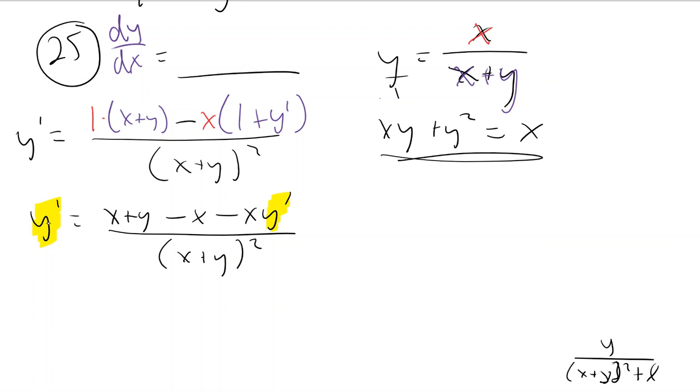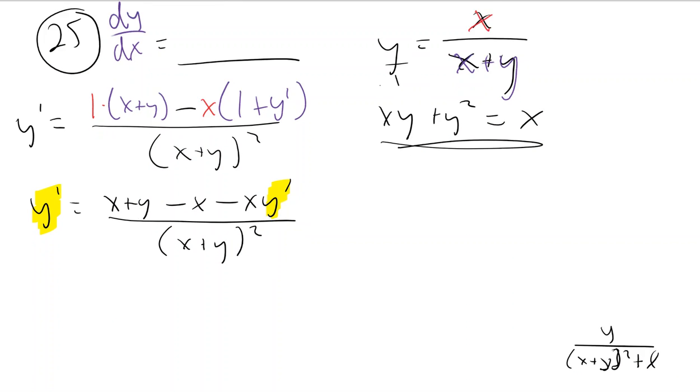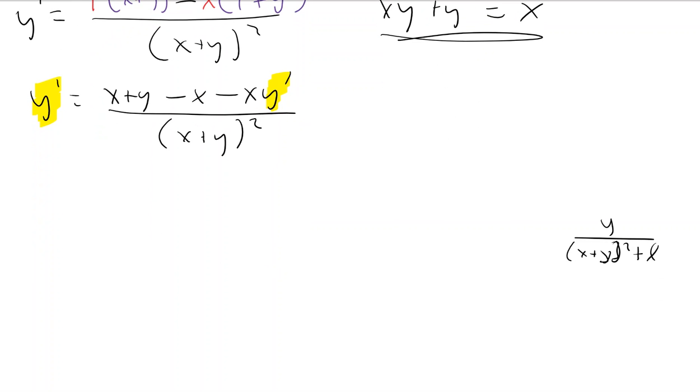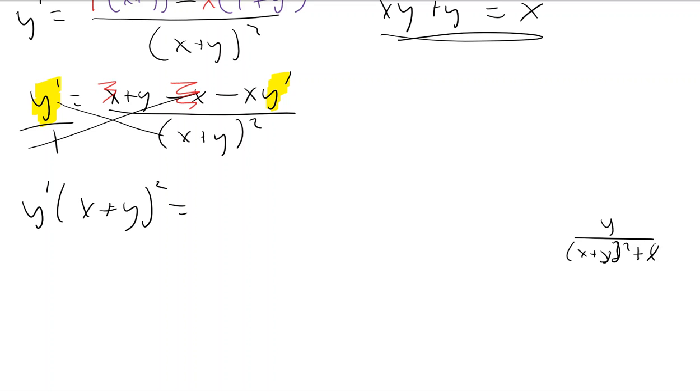So your answer for y prime can't have a y prime in it. I would cancel some of this stuff out to make my life a little easier: positive x minus x goes to 0. But then I would cross multiply, so multiply these two things together and set it equal to these things multiplied together.